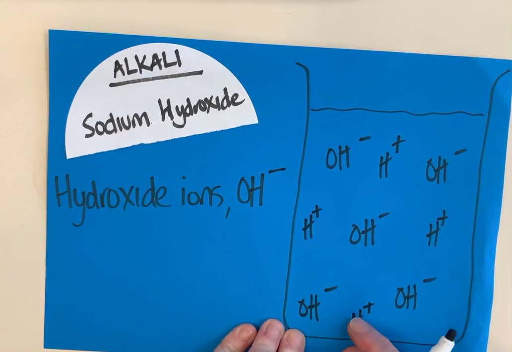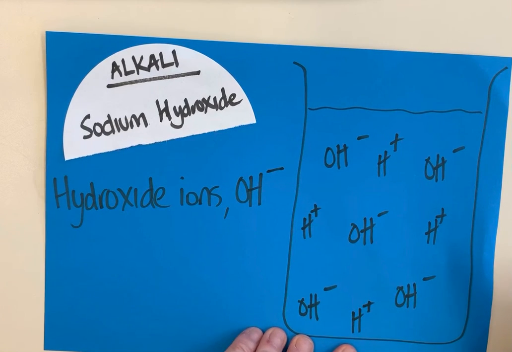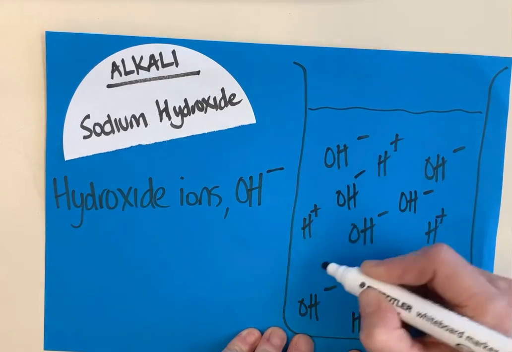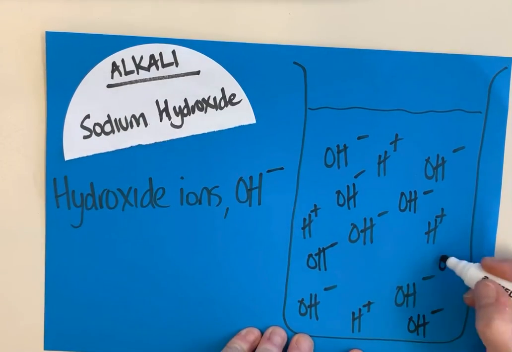But again, I've got 1, 2, 3, 4 hydrogen ions and 5 hydroxide ions. So that's only just an alkali, maybe pH 8. The more hydroxide ions I add in, the stronger the alkali.